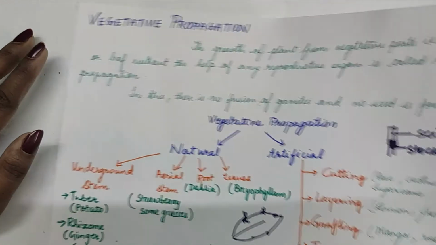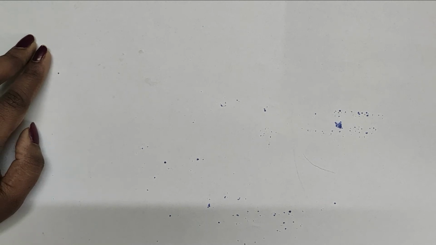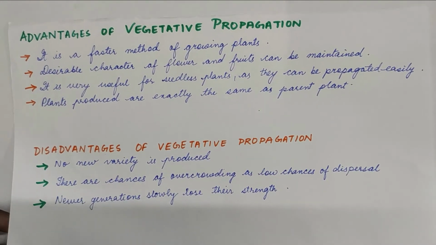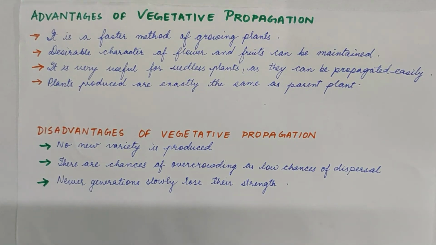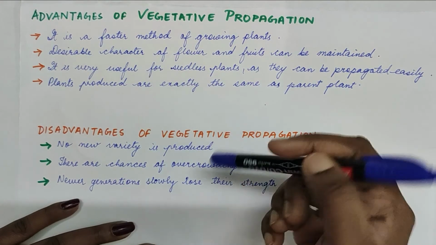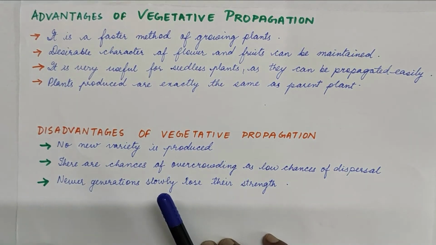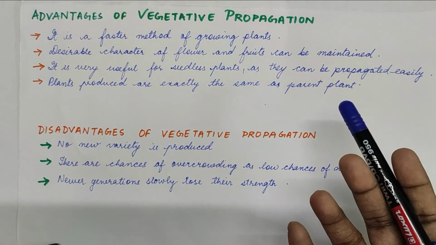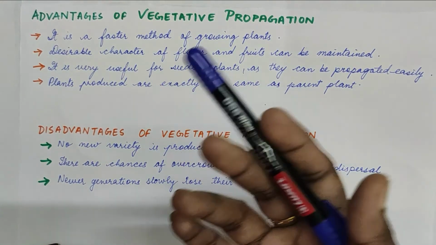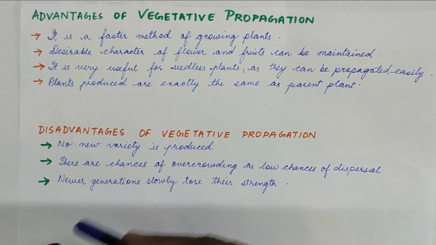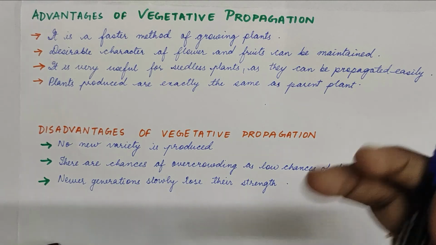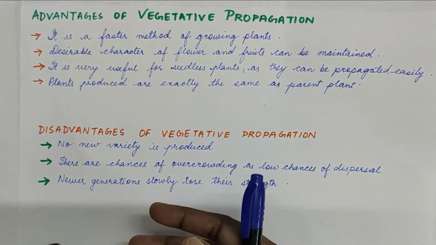Now, after learning all these methods, you might be wondering what the advantages and disadvantages of vegetative propagation are. The advantage is that it is a faster method, because we don't have to wait for the seeds. Means you can use the plants which have seeds, but you don't want to wait for the seeds to start growing a new plant of that kind.